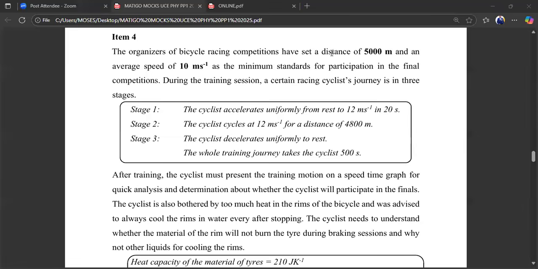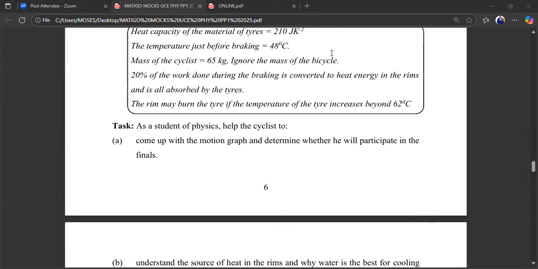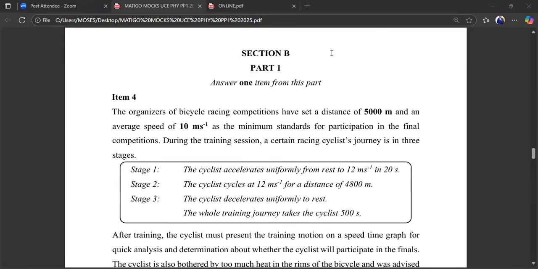So let us begin with the first part of the task, which says, come up with the motion graph and determine whether he will participate in the finals. They want us to come up with the motion graph and determine whether this person will be able to participate in the finals. But we go back to the conditions.